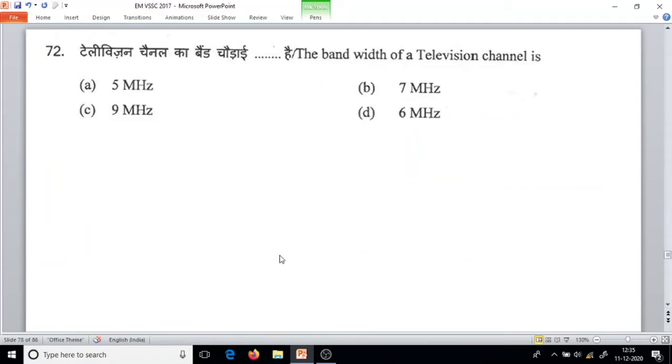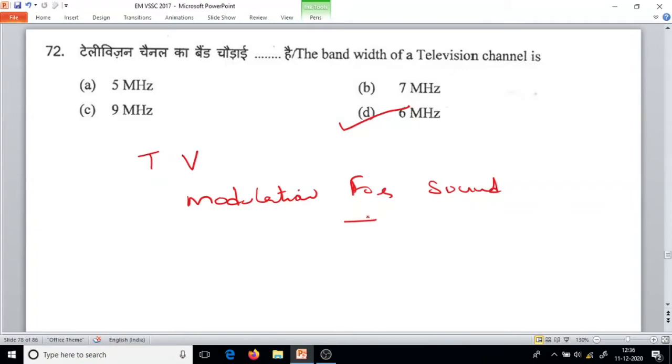Question number 72. The bandwidth of a television channel in India is 6 megahertz. It's a direct question. One more thing: in television broadcast, what modulation is used for sound?